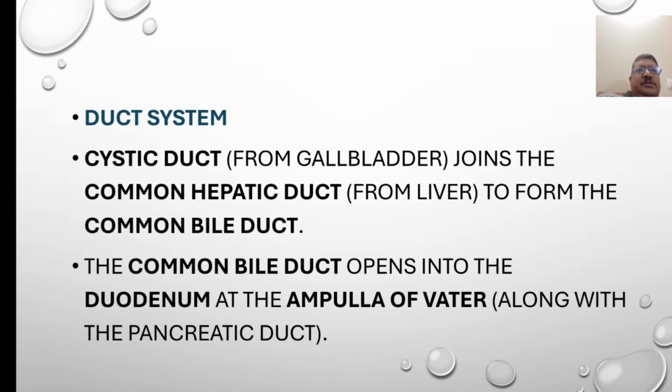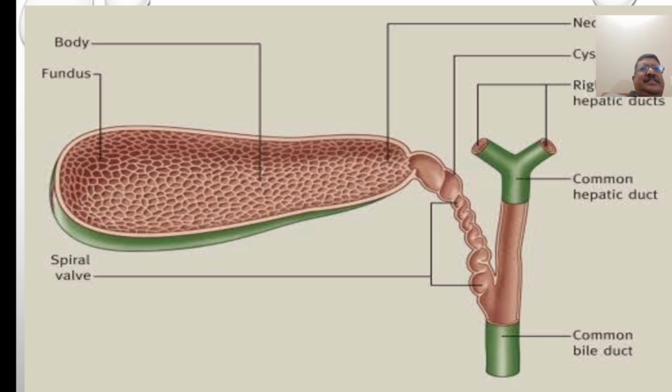Duct system. Cystic duct from gallbladder joins the common hepatic duct from liver to form the common bile duct. The common bile duct opens into the duodenum at the ampulla of Vater along with the pancreatic duct.